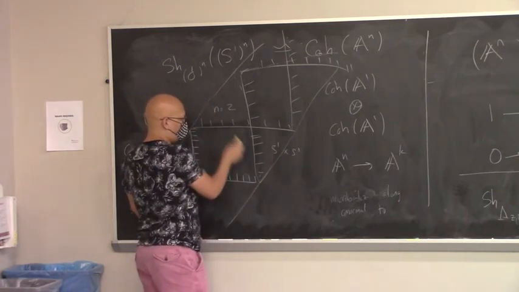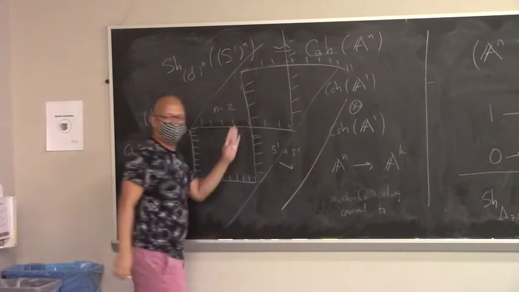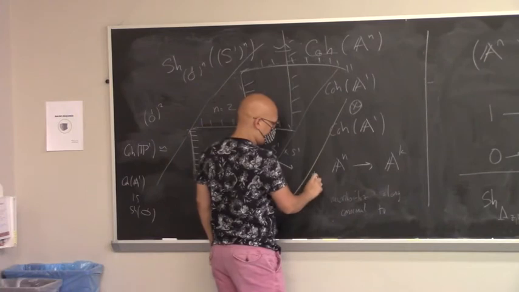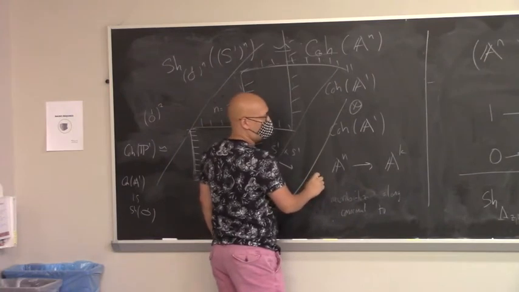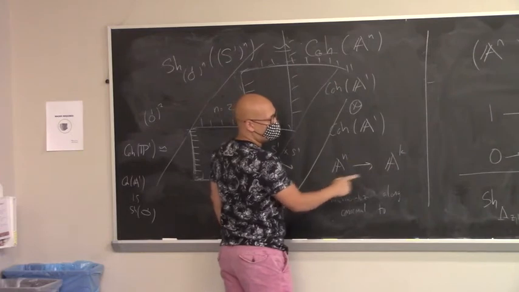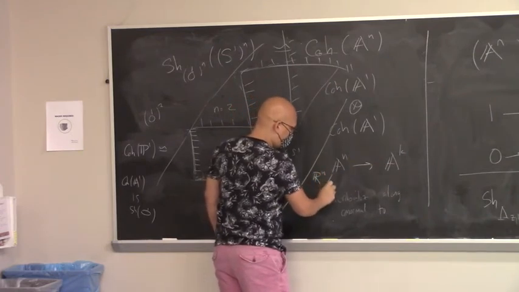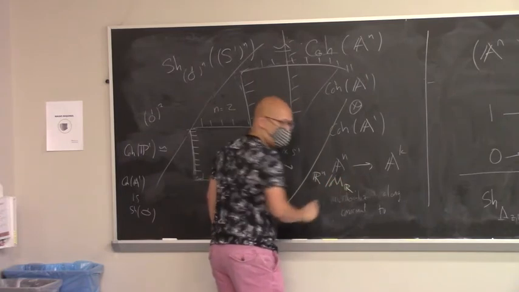The solution is that, well, now that I've unrolled it in this direction, it comes with a projection to M order. This is literally Rn mod M, and so it projects to Rn mod M tensor.